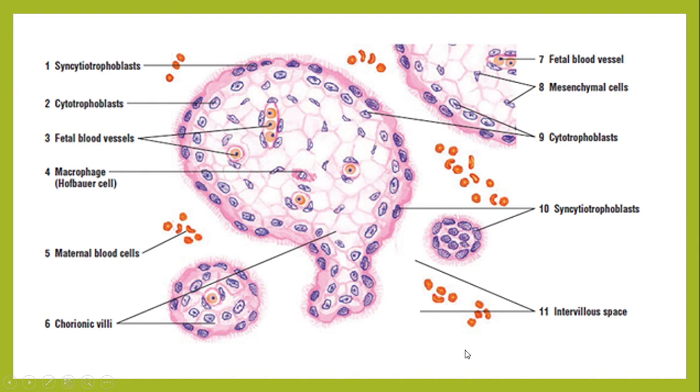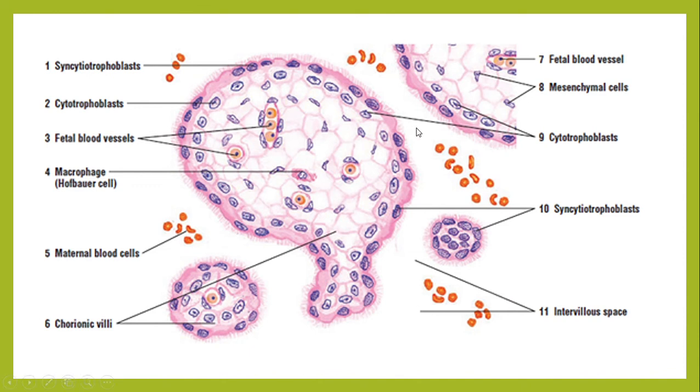And these are the intervillous spaces between the villi. These intervillous spaces contain maternal erythrocyte cells. It contains maternal blood, so these red structures represent the maternal blood cells. Understood?